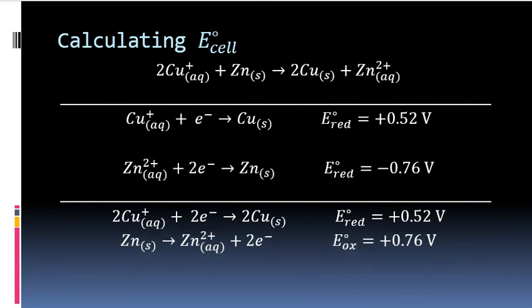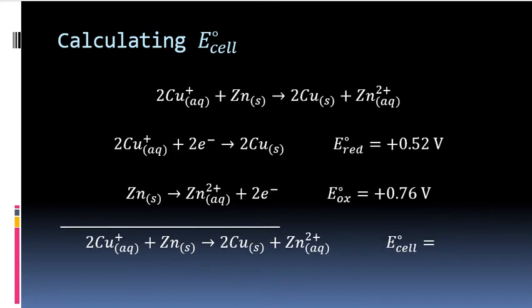So in this case, we now have our two half reactions. They make sense because for our copper half reaction, we are gaining 2 electrons, and for our zinc half reaction, we are giving up 2 electrons. So overall, 2 moles of electrons are being transferred. It's key that the amount of electrons being transferred is the same.